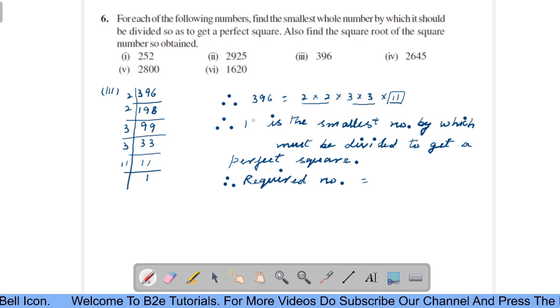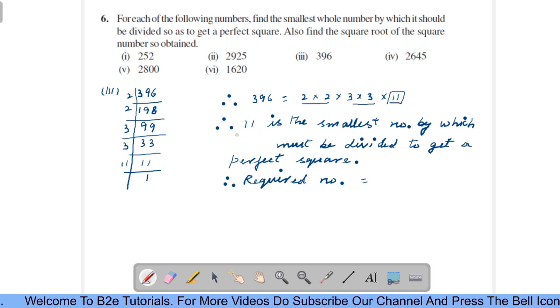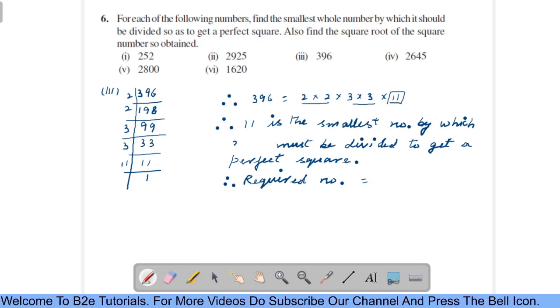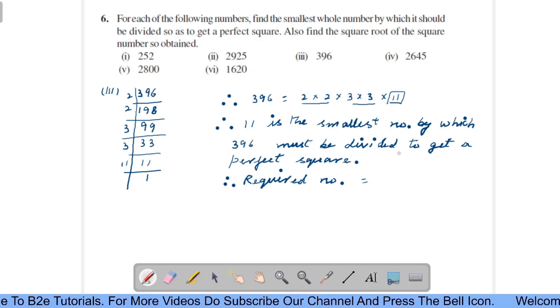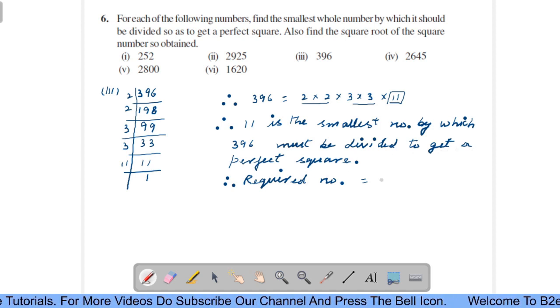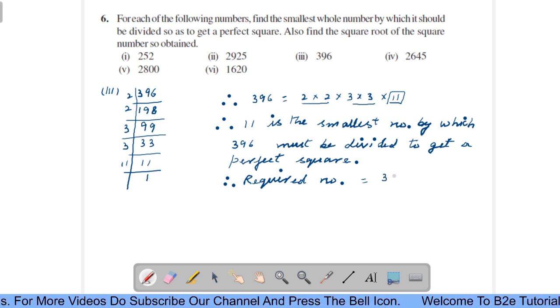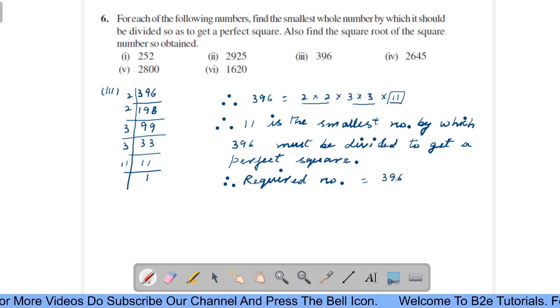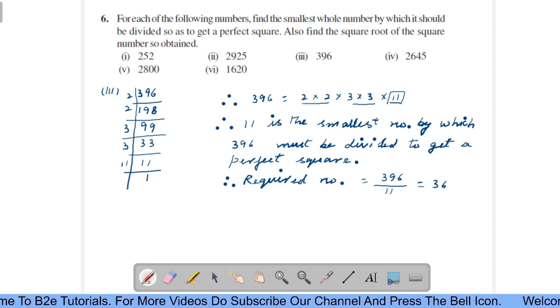Therefore 11 is the smallest number by which 396 must be divided to get a perfect square. Therefore required number equal to 396 divided by 11 equal to 36.